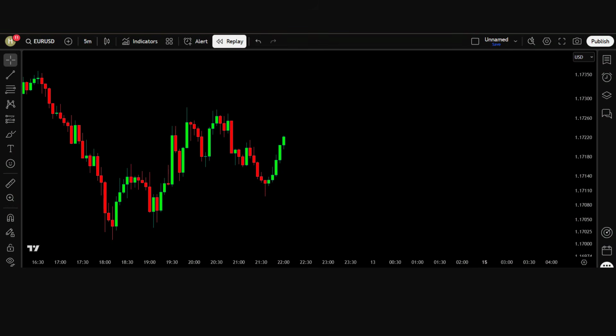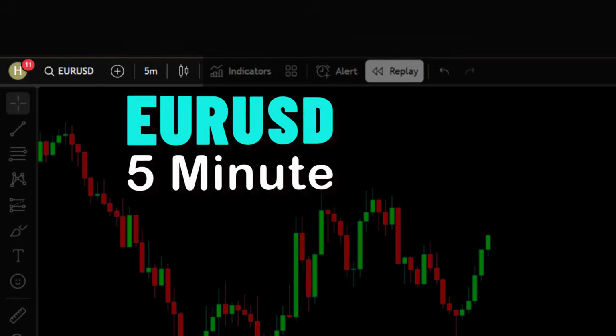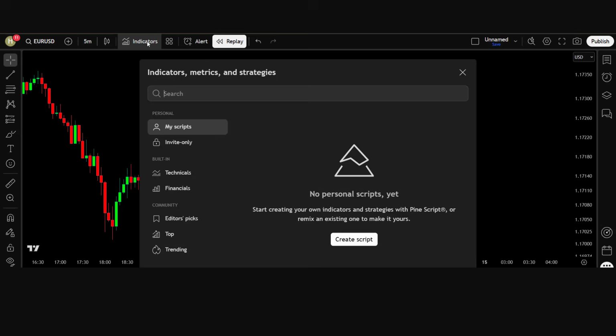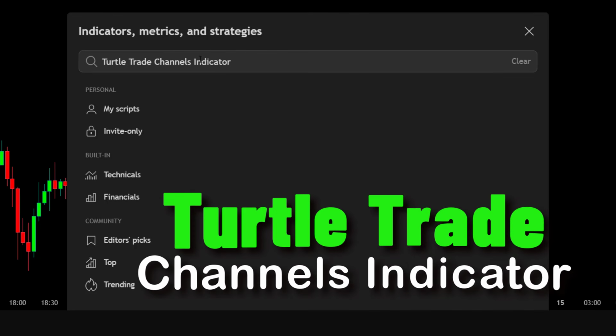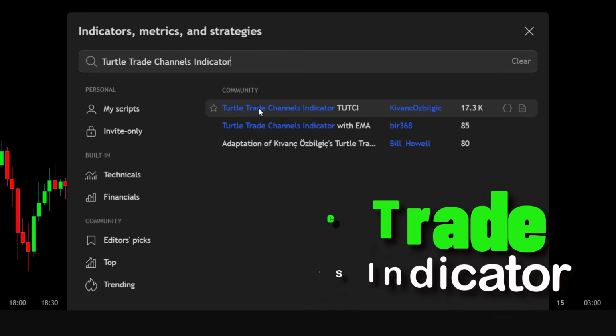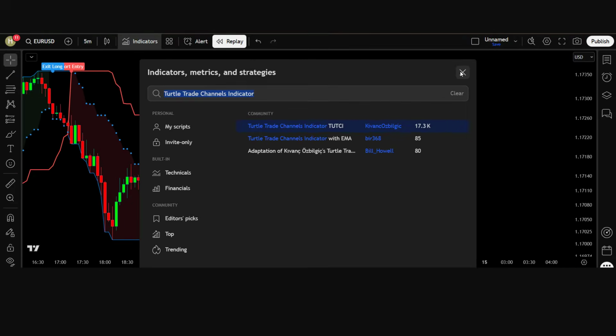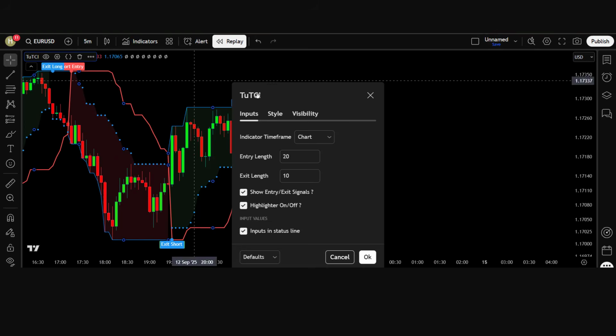Let's do this. Setting up the indicators. Open your chart. We're using EURUSD, 5-min time frame. Go to Indicators. Search Turtle Trade Channels Indicator. Add it to the chart. Adjust the settings. Set entry length 12 to 20.